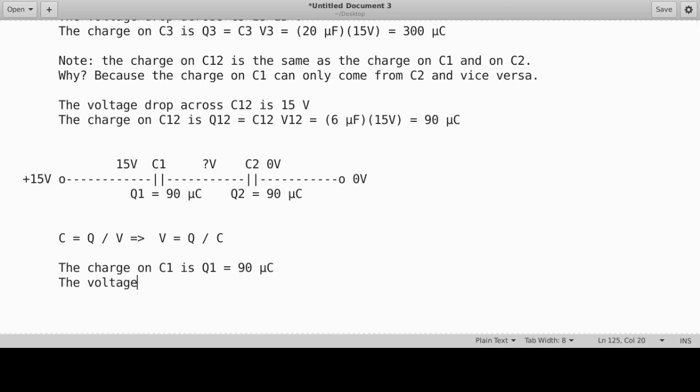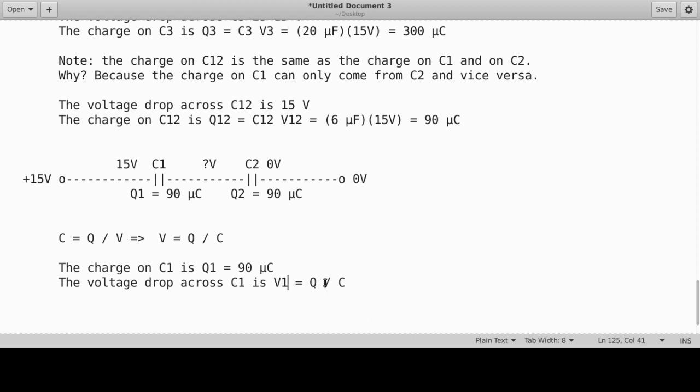The voltage drop across C1 is, use this equation here. And this equation can be used on individual capacitors or on the whole circuit, so locally or globally.